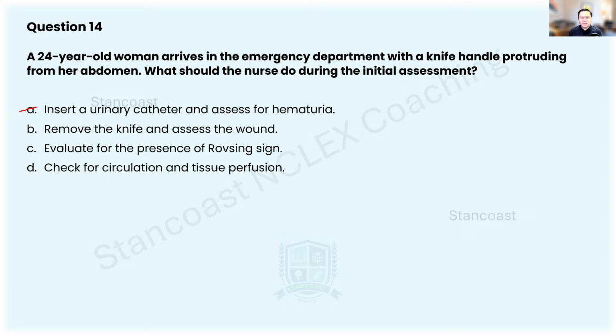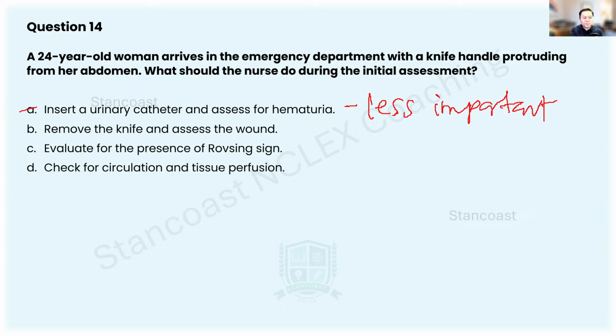Yeah, we can do the assessment of the hematuria, but it is not going to be the immediate priority in this scenario. No. It's not about the insertion of a Foley catheter. This can take place after the completion of that important nursing intervention. So, less important.